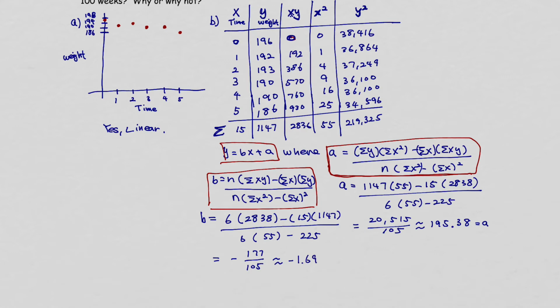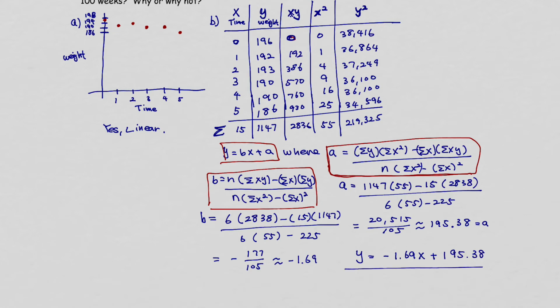So if we wanted to plug this into the equation, y equals, your b is going to be negative 1.69x plus your a will be 195.38.